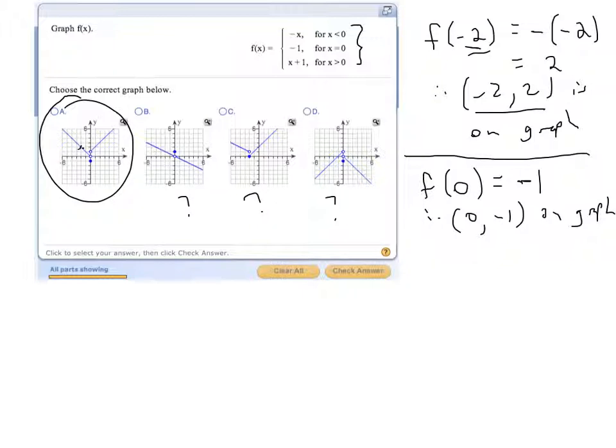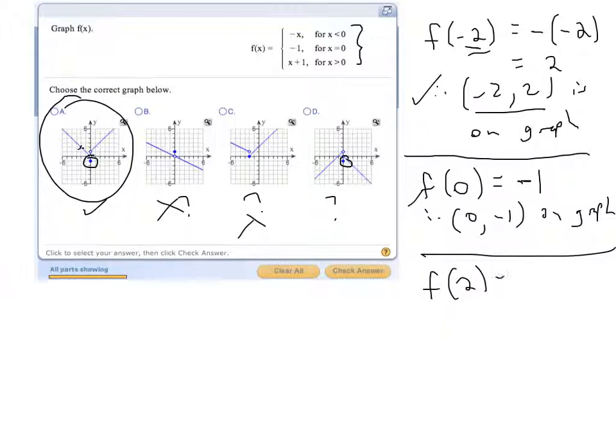And so we can see that this picture, 0, -1, is on there. Here it's not, so that's definitely not right. And this one, 0, -1, is on there, so this graph also would be a possibility from this second point. But so far, the only one that meets both the first criteria and the second criteria is this first one. So I'm pretty sure that's it, but let's check one more.